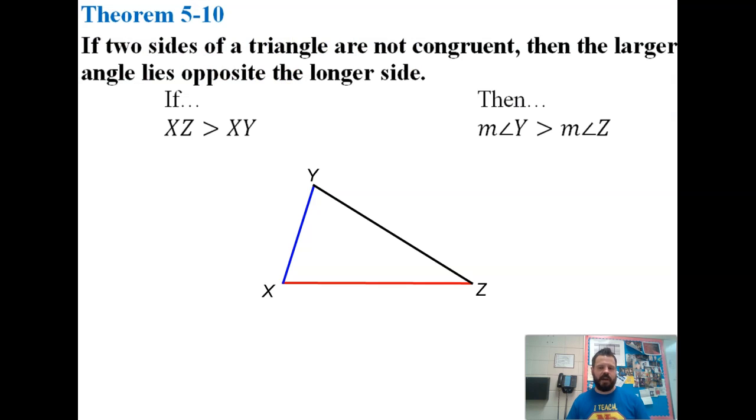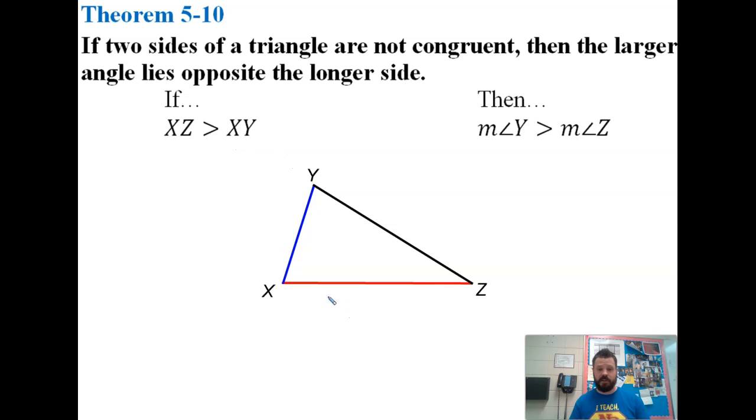So first thing I've got for you is a theorem. Okay, and it says that if two sides of a triangle are not congruent, then the larger angle lies opposite the longer side. Okay, so if I have triangle XYZ here, and XZ, the side in red, is greater than the length of XY, the side in blue.